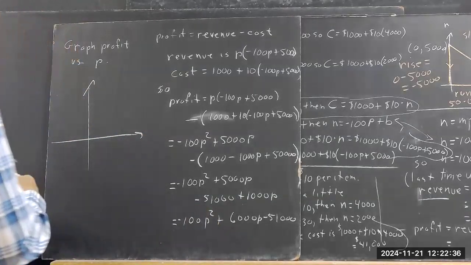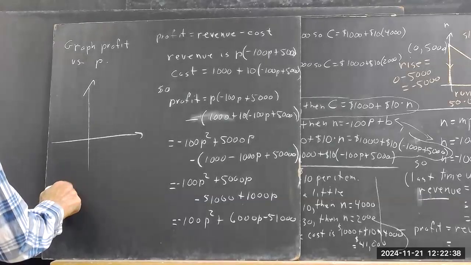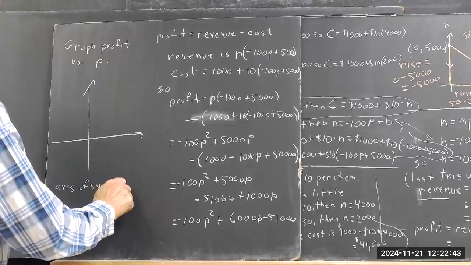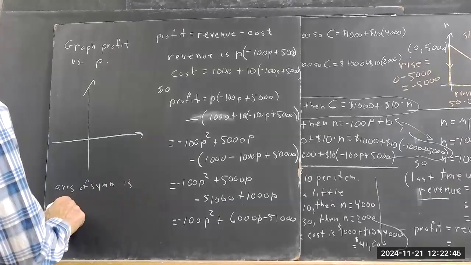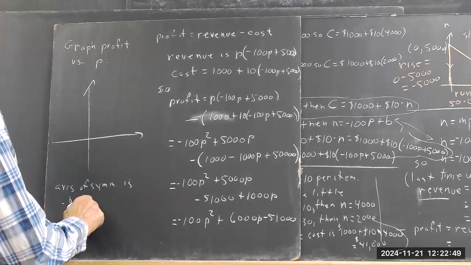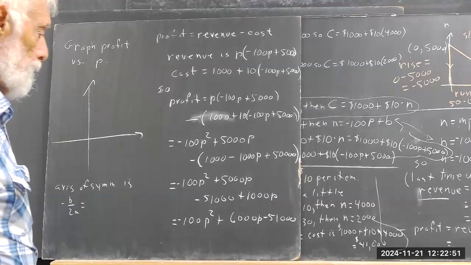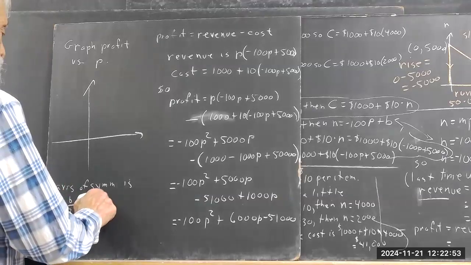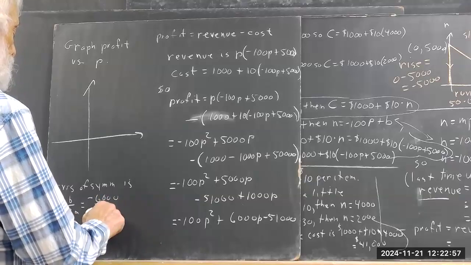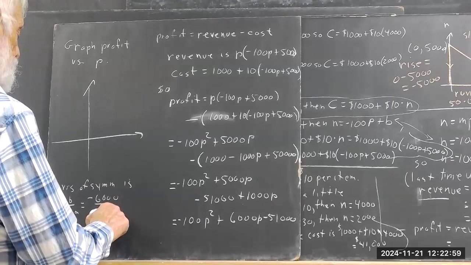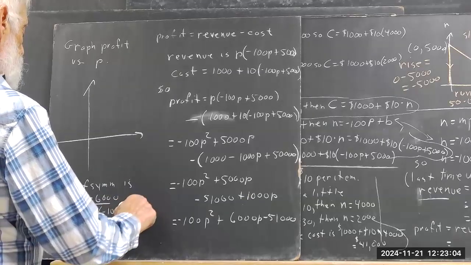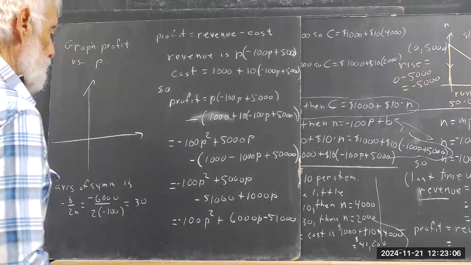Axis of symmetry is negative b over 2a, which is negative 6,000 over 2 times negative 100, which is 30.